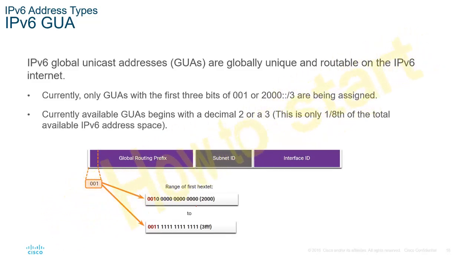Currently available GUAs with a first digit of 2 or 3 are allowed. That means only 1/8 of the addressing space is allowed on the internet. This is done on purpose. This means there's plenty of room for growth. They're not just wasting addresses for the sake of wasting addresses. Normally, global unicast addresses will start with 2000.